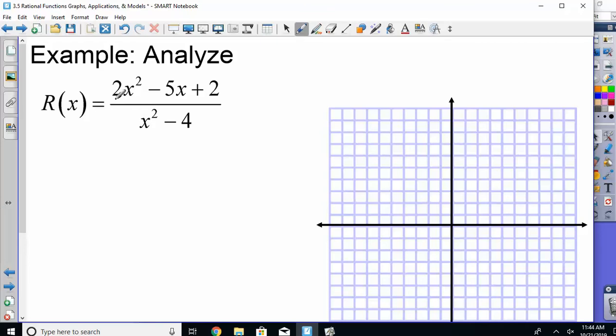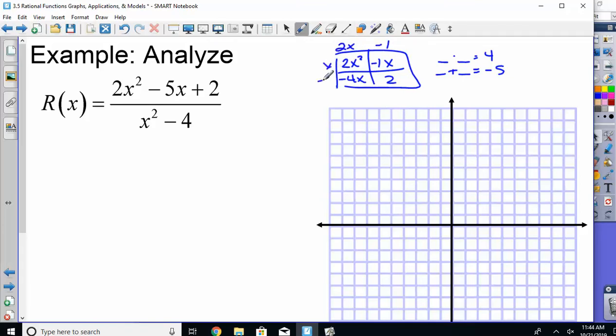I can't do the shortcut because it's a 2x squared, so you actually have to draw out the box. So multiply to 4, add to -5. Get 2x minus 1, x minus 2.